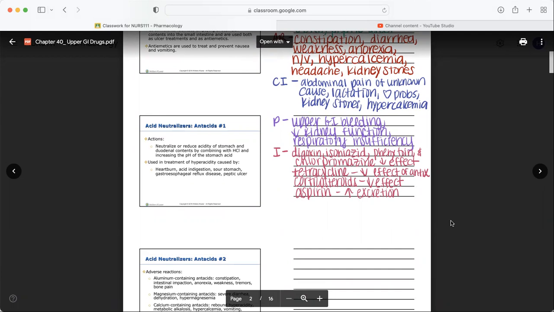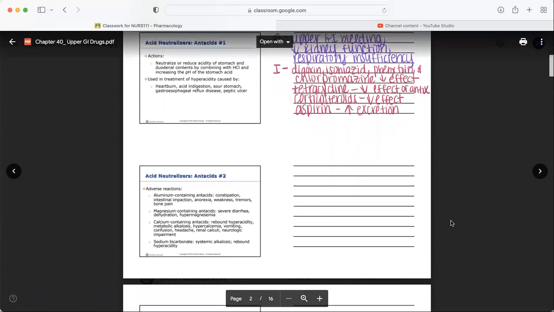All of those can decrease the effect of antacids, and antacids can decrease the effect of these medications. Tetracycline decreases the effect of that antibiotic. So that's not good, right? We want the antibiotics to work. Corticosteroids actually decrease the effect, and antacids increase the excretion of aspirin, so it's going to be excreted faster.